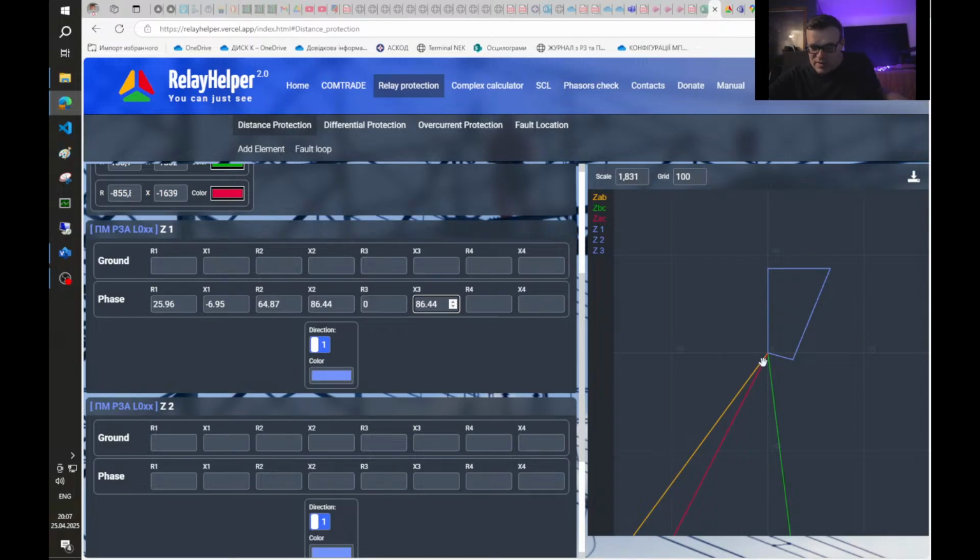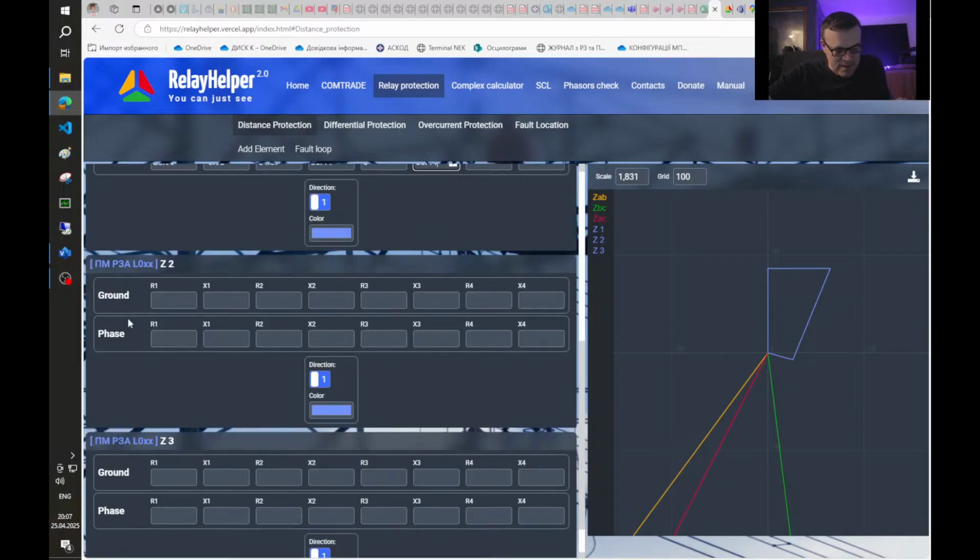So we will just remember that we have here like half of the circle. So let's insert the second zone.